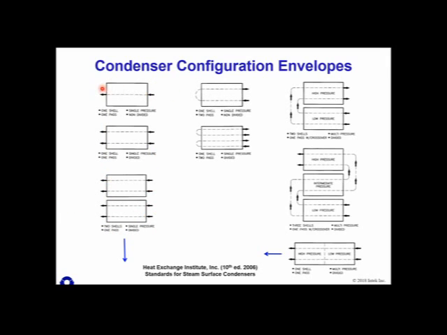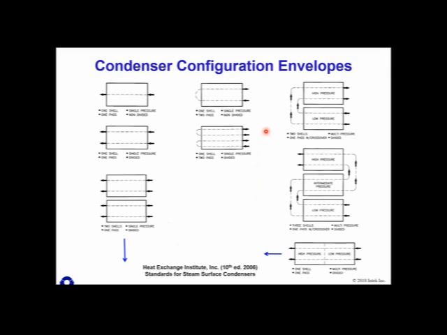And so there's single shells. You might have a small condenser like this, an auxiliary condenser with only one tube sheet, one inlet box and one outlet box. Or on maybe a large main condenser, you may have one large condenser with two water paths through it. Or you may even, on a larger condenser, have two independent shells with cooling water entering them.